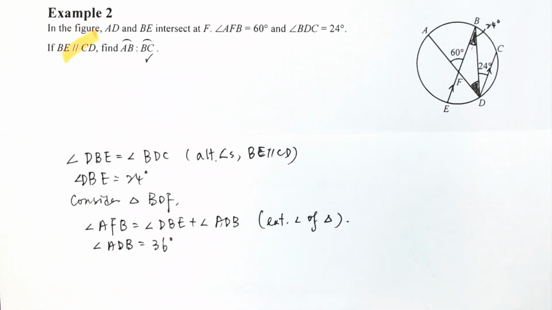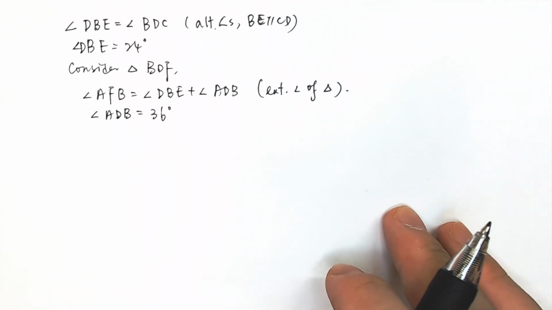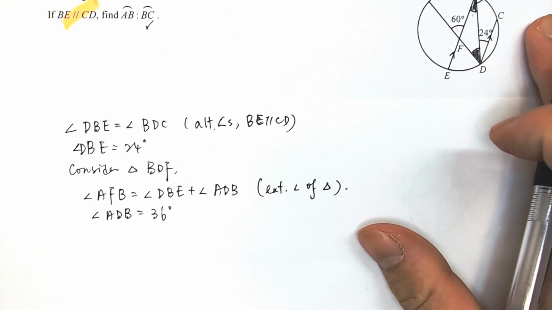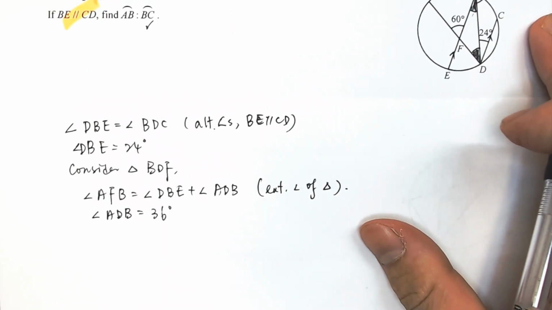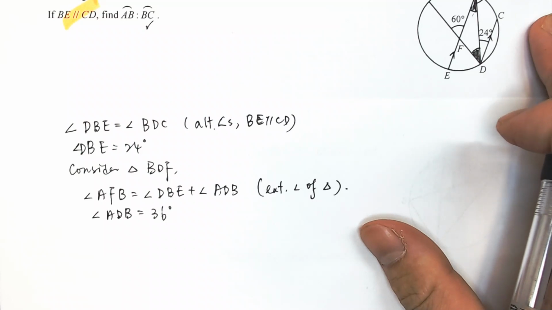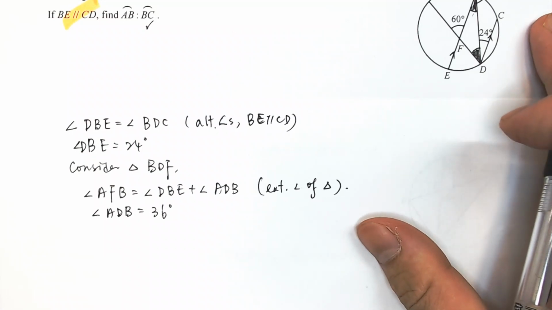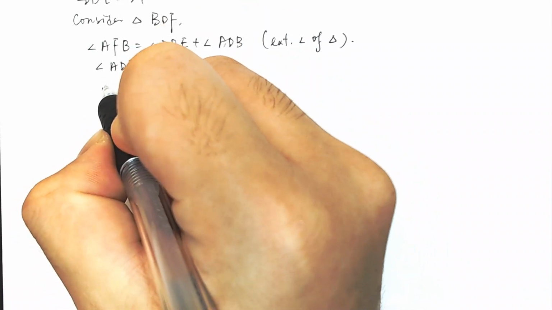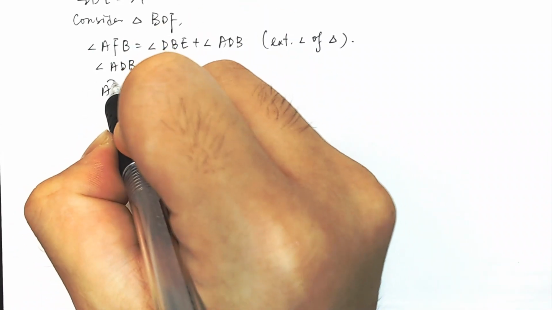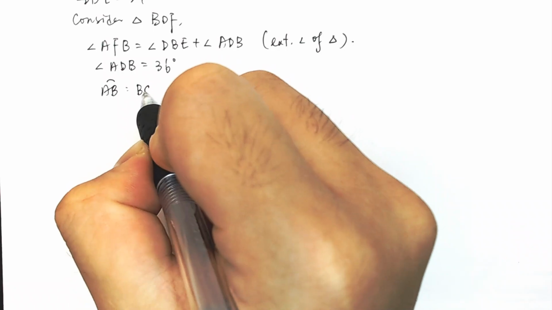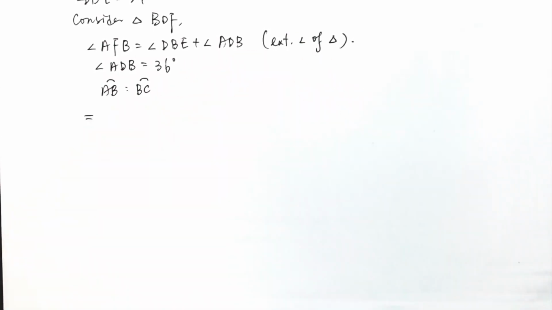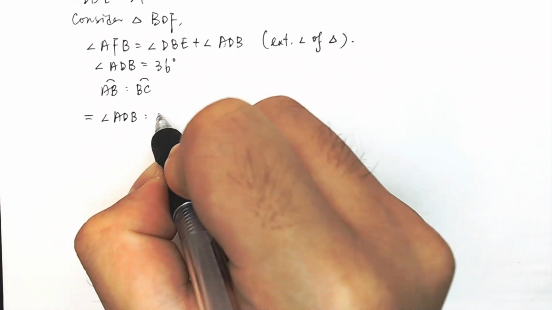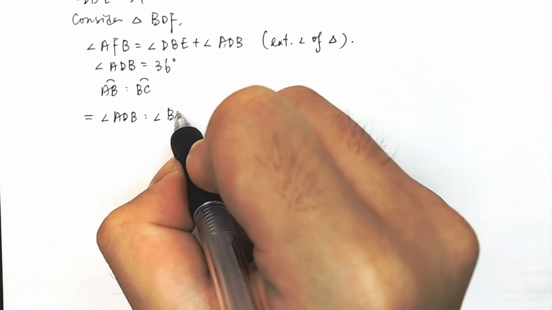And finally, since the question is asking about the ratio of the arc lengths, instead of having a fraction, you can directly apply the ratio. And thus, finally, we have the arc length ratio AB to BC is the angle ADB to angle BDC.